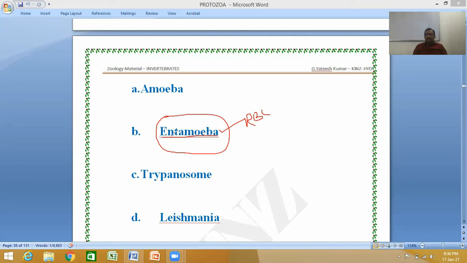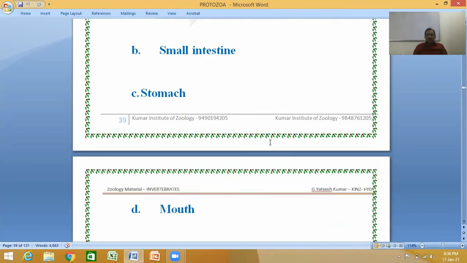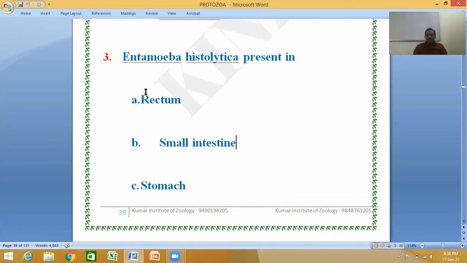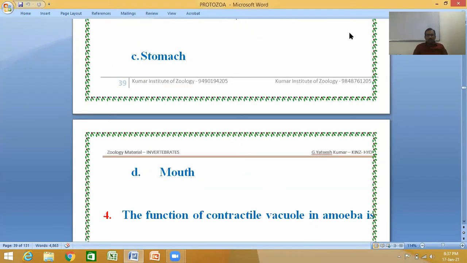That is why the Entamoeba histolytica food vacuole contains RBC. Entamoeba histolytica is present in the rectum, small intestine, stomach, mouth. So mouth is not the answer. It is a large intestinal rectum parasite. Okay, answer is A.